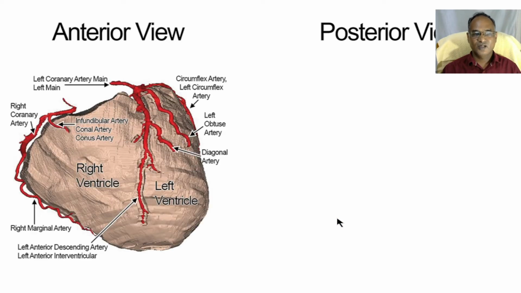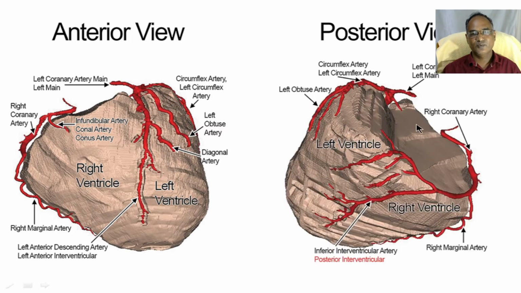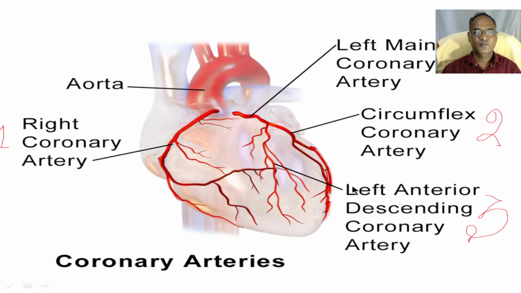When we talk about the heart, we should keep in mind the views of the heart. Looking at the heart from the apex is called the anterior view, and looking from the base of the heart is called the posterior view. The left and right coronary arteries we have already discussed. The left side is dominant and the right side is a little inferior.